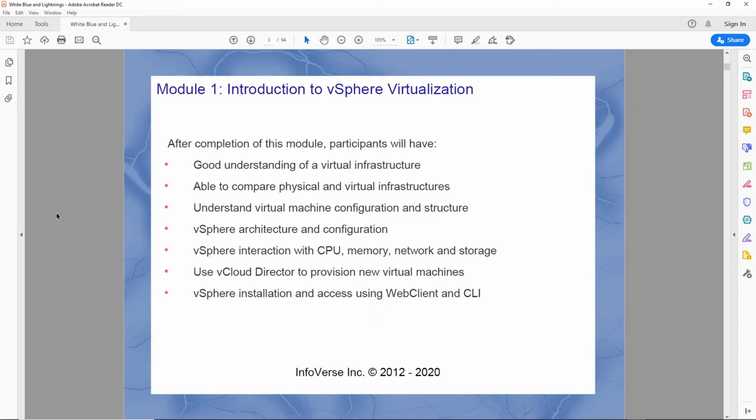We'll also introduce vCloud Director, a product from VMware that allows us to set up a private cloud in our environment, and vSphere installation and access using both web-based and command line tools.